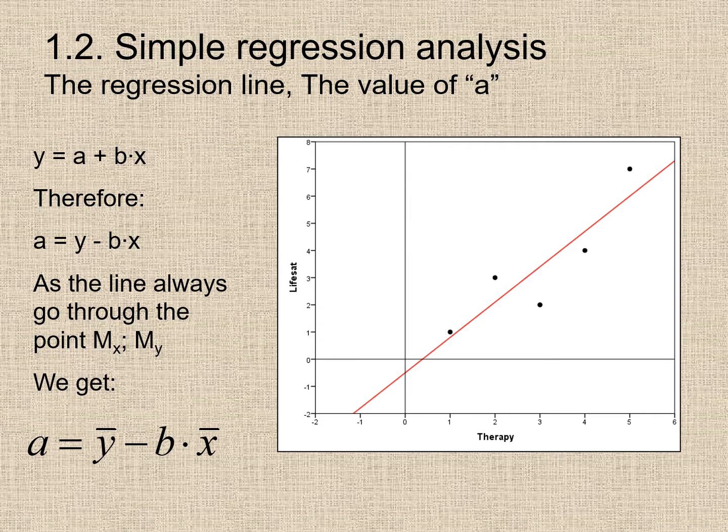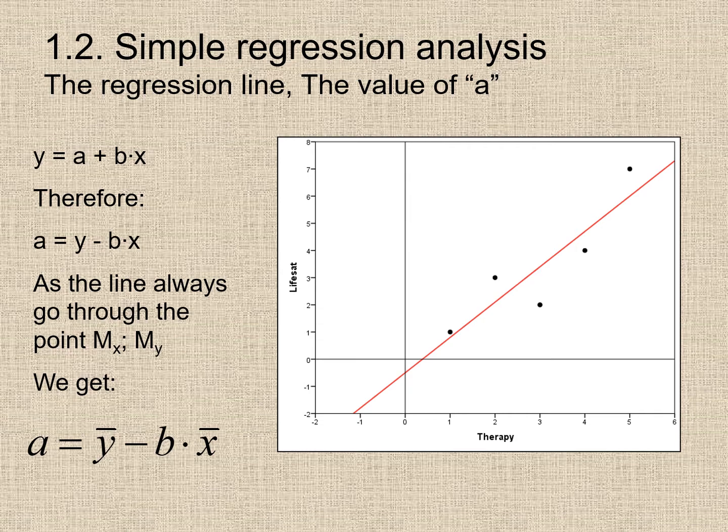You will predict the mean on the dependent variable, because the regression line always goes through that point. So if we put in the mean on the dependent variable and the mean on the independent, we can calculate the intercept if we have calculated the value of the regression coefficient.